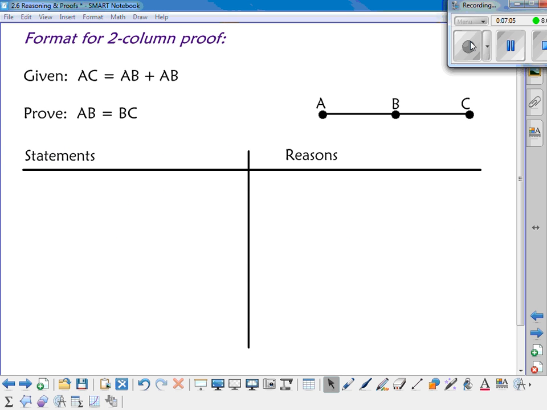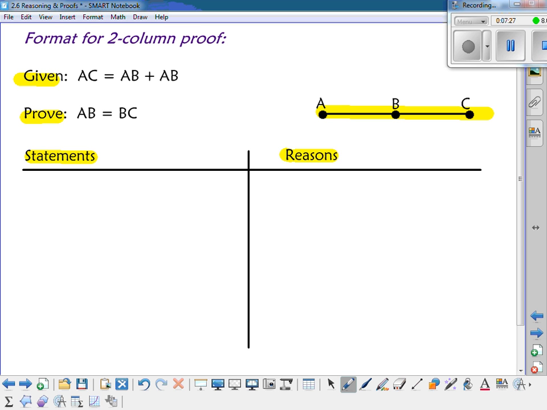So the format for a two-column proof. When you do proofs, you need to have all the pieces. You need to write the given information, you need to write what you're trying to prove, and then you have two columns with your statements and your reasons. And you must draw any figure that is part of the given information.